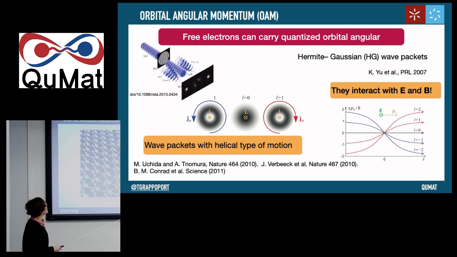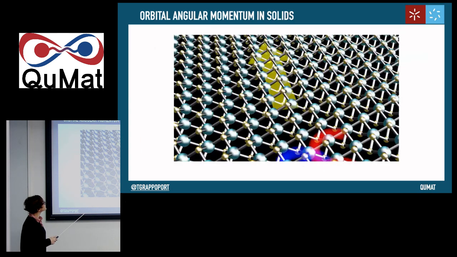Now, if we think about a solid, we can think about the lattice structure of the solid and the orbitals as working as the diffracting pattern I was showing in the previous slide. So they can actually imprint orbital angular momentum to moving electrons in a solid. And I want to highlight that this orbital angular momentum can come purely from geometrical aspects.